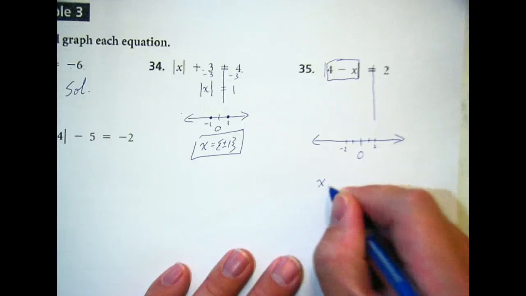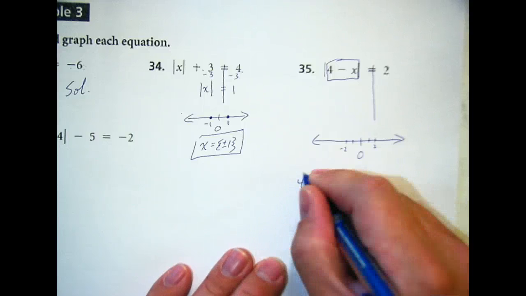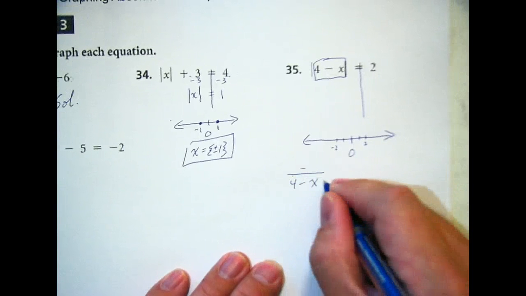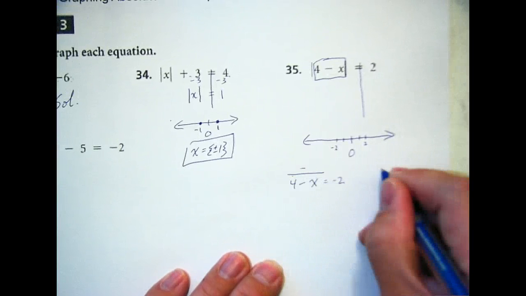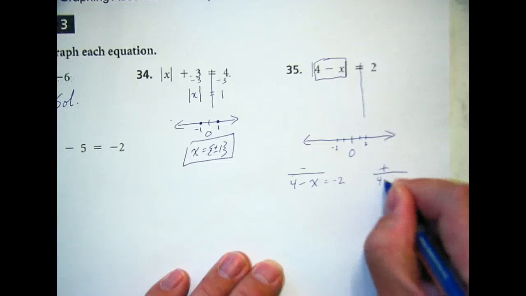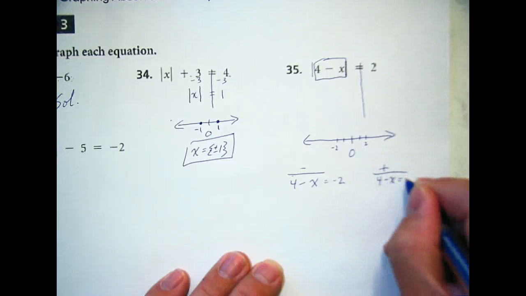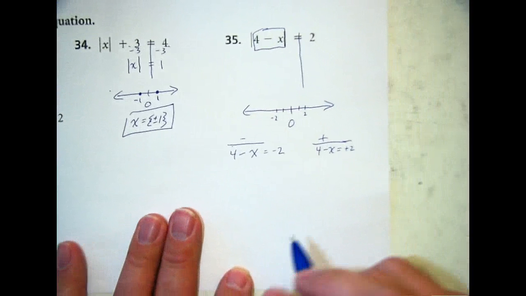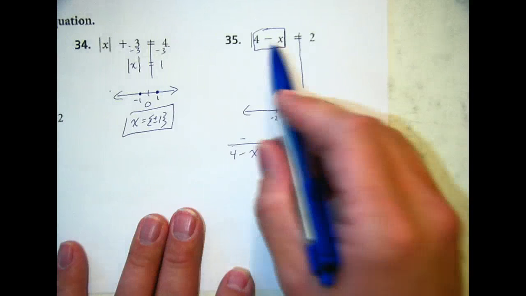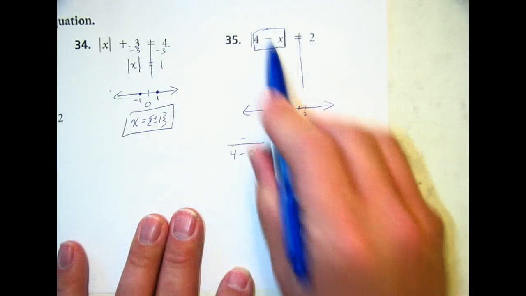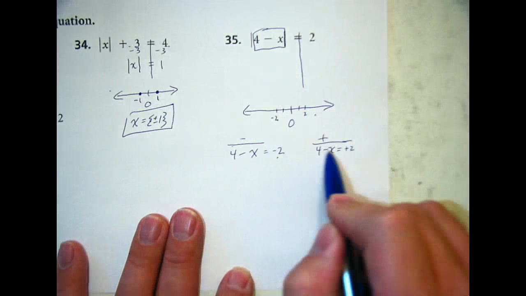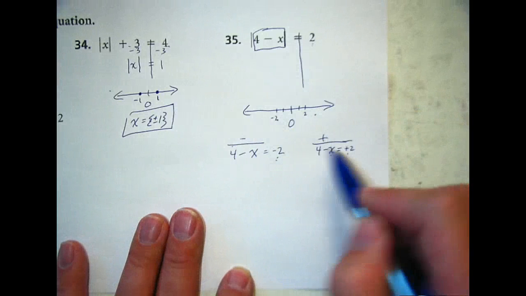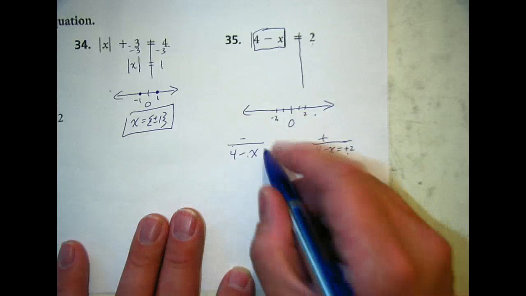When is 4 minus x equal to negative 2? And when is 4 minus x equal to positive 2? You're doing your 2 cases. Okay, right? Because this number in here could be negative 2 or 2. So you take negative 2 and positive 2, and you take what's in here and you solve.